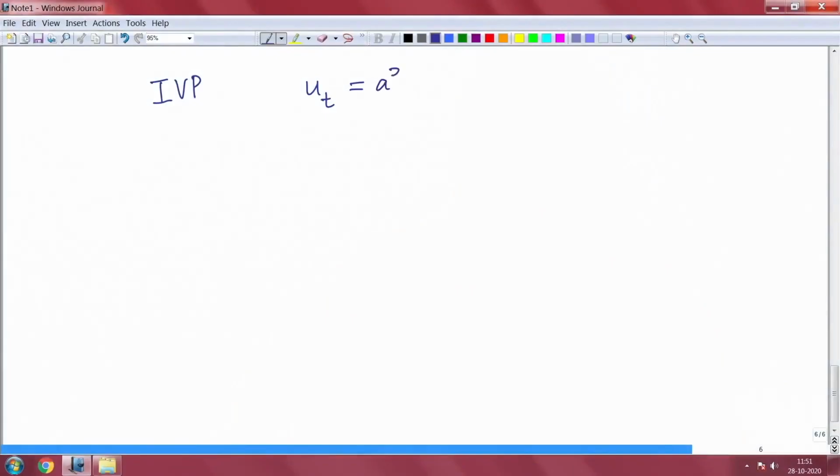Hello everyone. Today we analyze the initial value problem for the heat equation and try to obtain a formula for the solution.